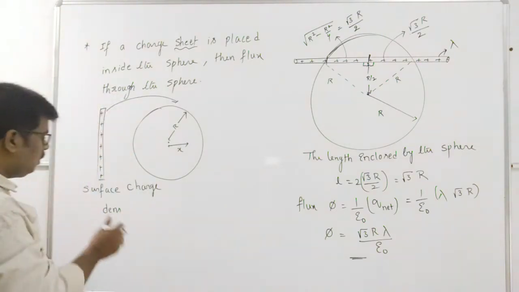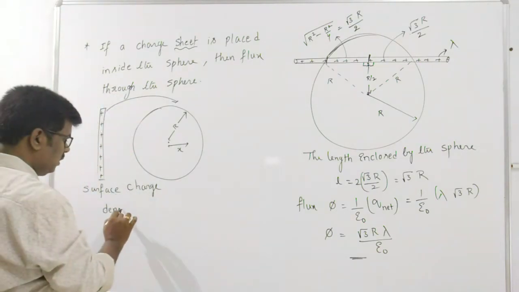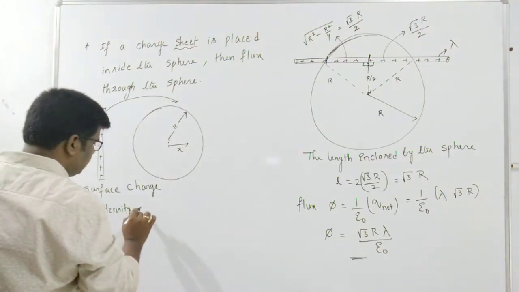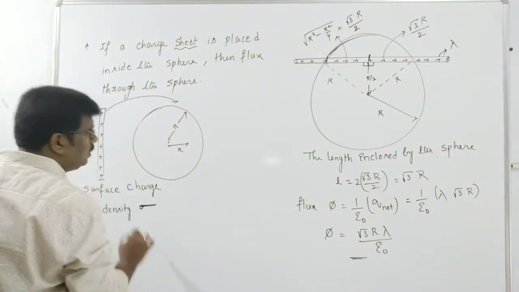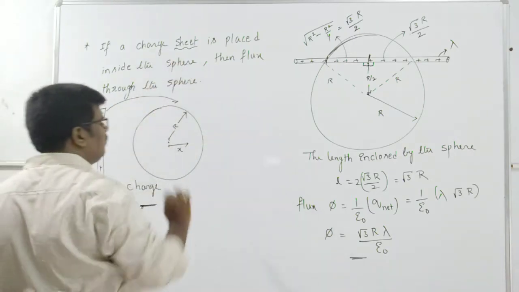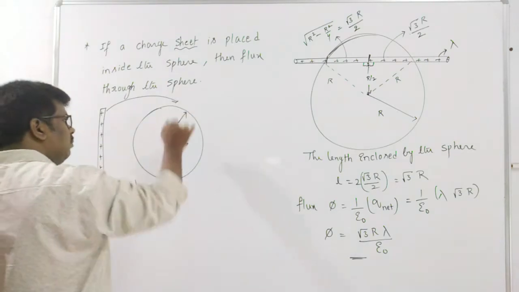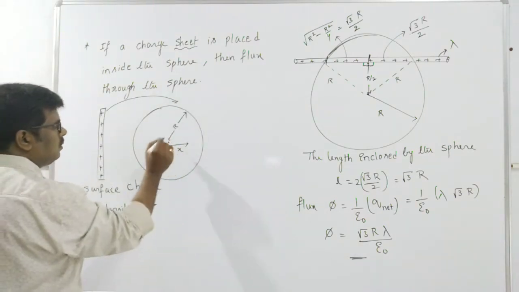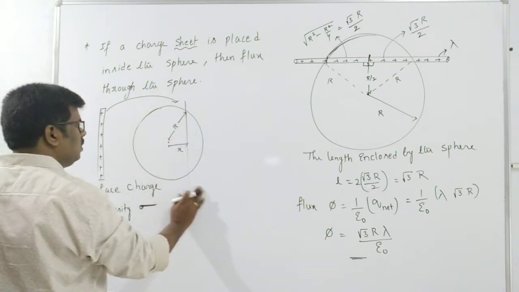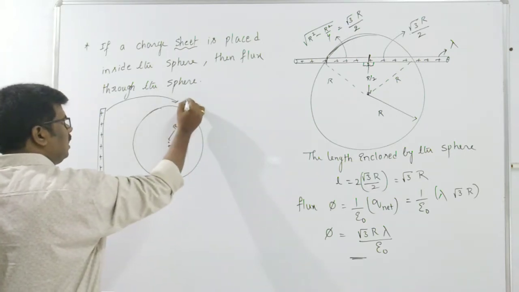That's why we take surface charge density sigma. Now that sheet, if I place it at a distance x from the center of the sphere, the sheet is placed like this.